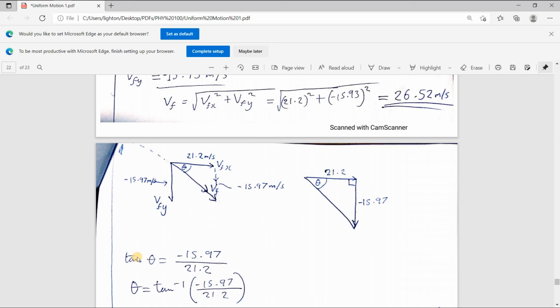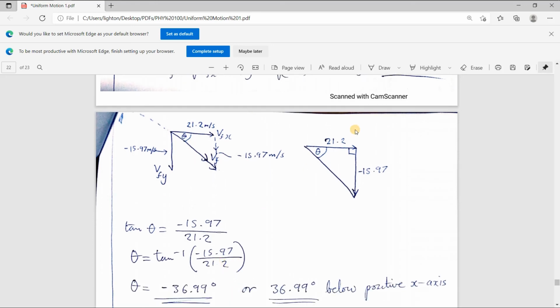Our opposite is just minus 15.97, this one. Our adjacent is this, which is just 21.2. Okay, means that theta is equal to tan inverse opposite over adjacent. Our opposite is minus 15.97 over 21.2.